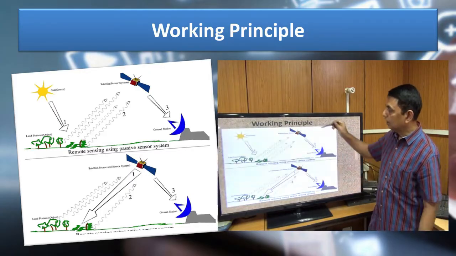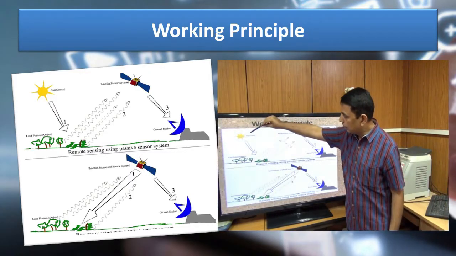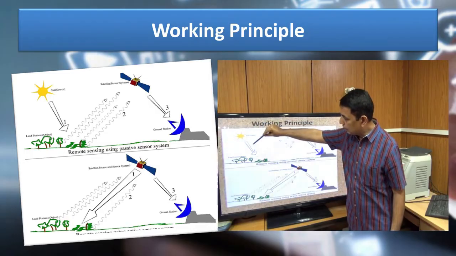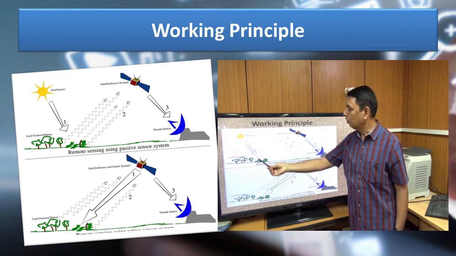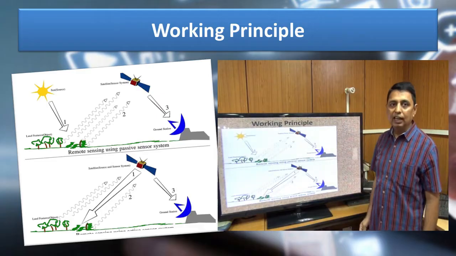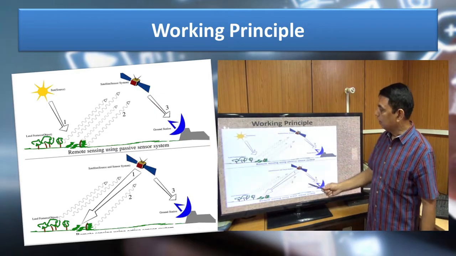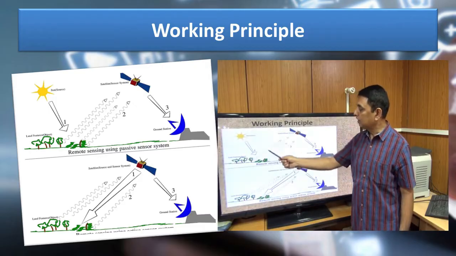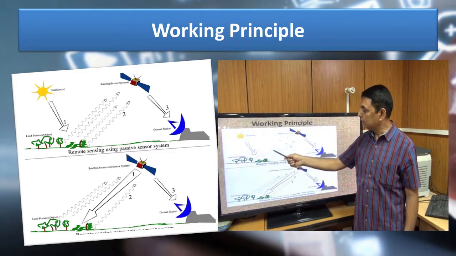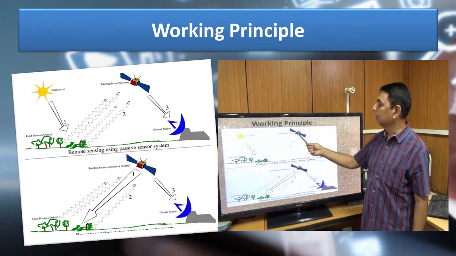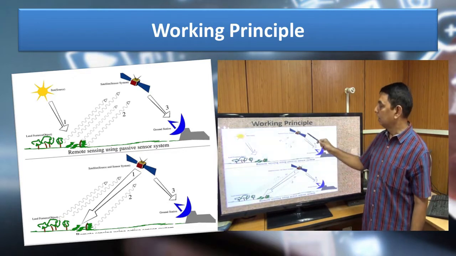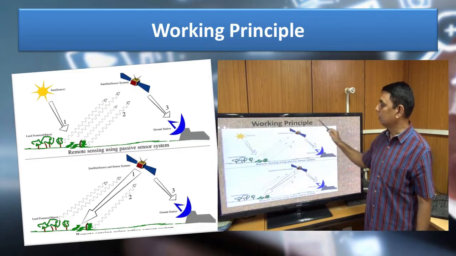We can see that from the sun electromagnetic wave is coming and falling on the land feature, and after that from this land feature some electromagnetic wave is absorbed, some is scattered and some is reflected back to the sensor. Here our satellite is the sensor.